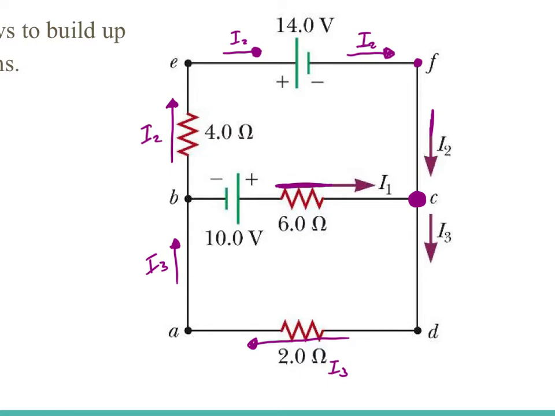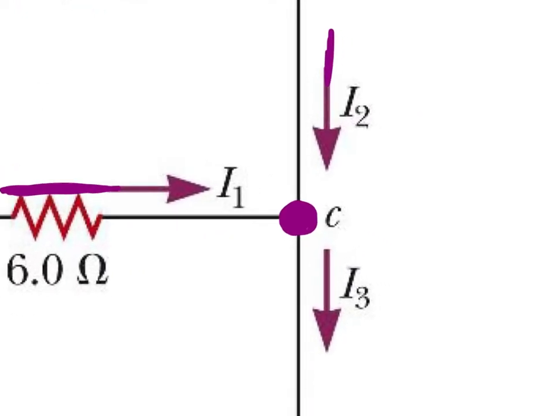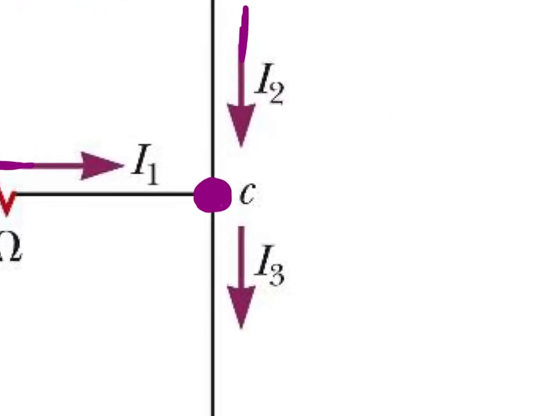Let's go back to that first junction. We can use this first junction to identify what's going on with Kirchhoff's junction law. Specifically, Kirchhoff's junction law says that the current into a junction is equal to the current out of said junction. Our junction is junction C. Two of those arrows are pointing into it.